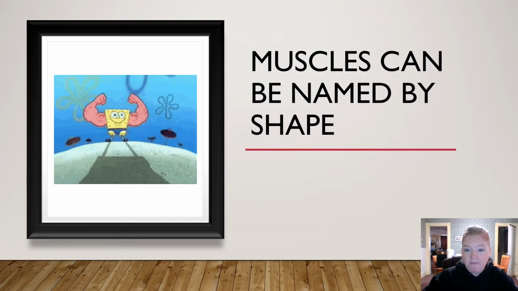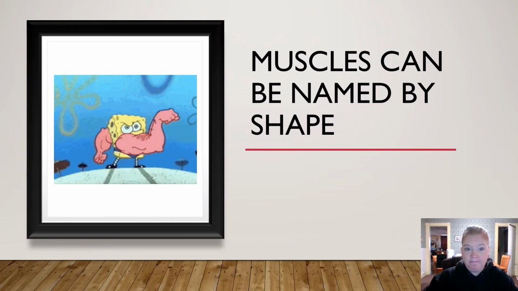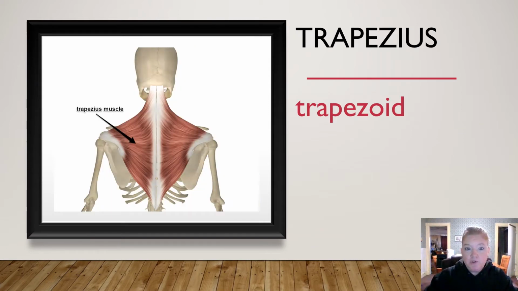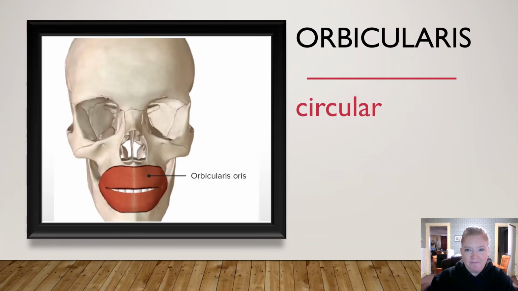Muscles can be named by shape. Deltoid, it's triangular, like a delta, the Greek letter delta. Trapezius, shocking, trapezoid shaped. Orbicularis means circular.